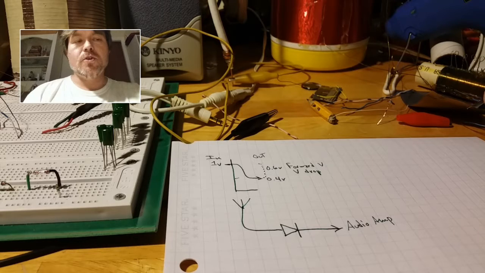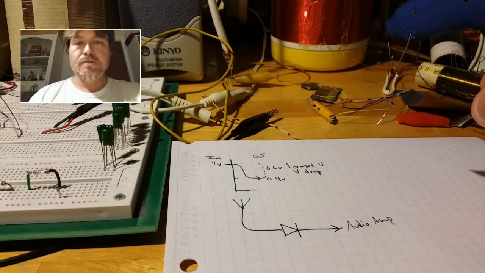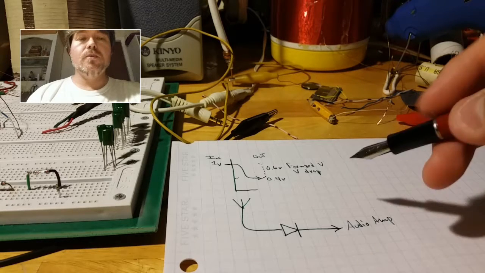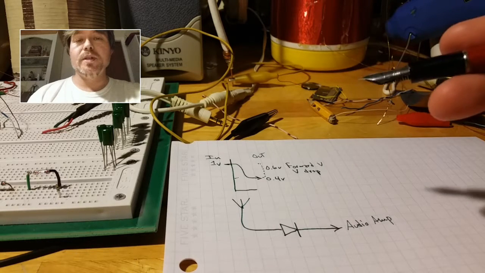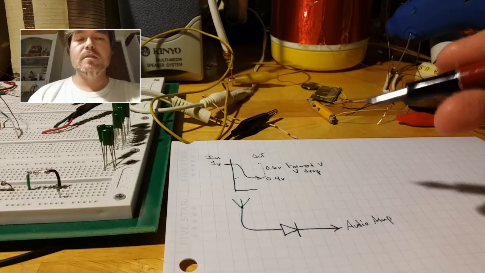Well, if your input signal is 0.61 volts, your output signal is going to be 0.01 volts on a 0.6 volt forward voltage diode. So that's what your audio amp is going to get, is that 0.01 volt. And that's why it's so quiet.